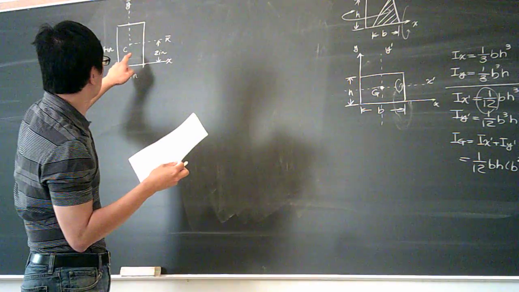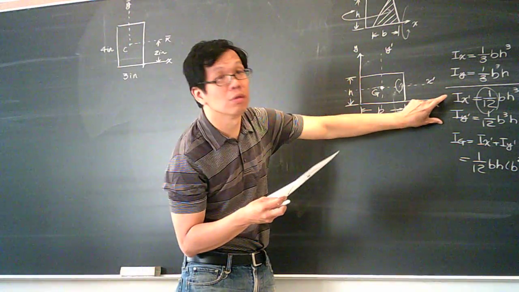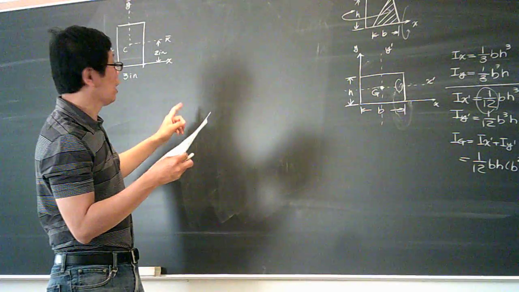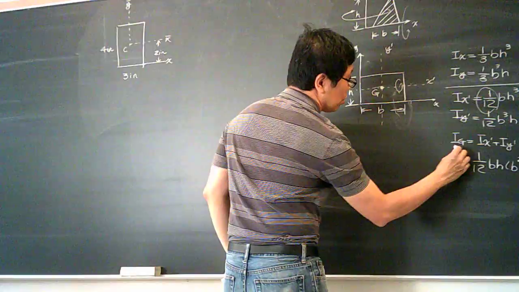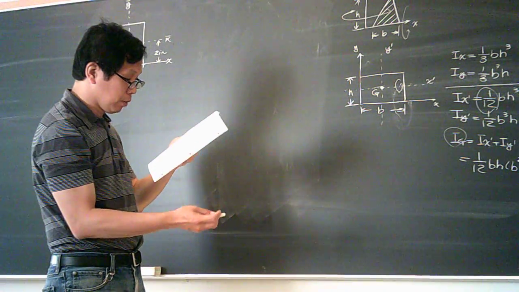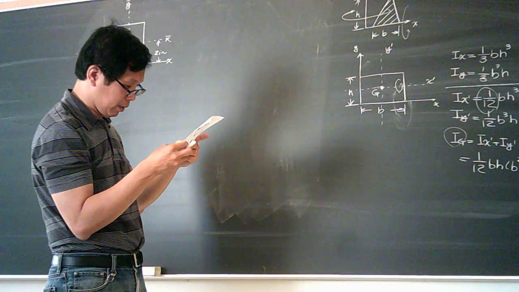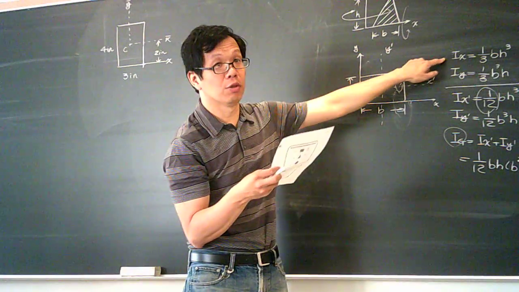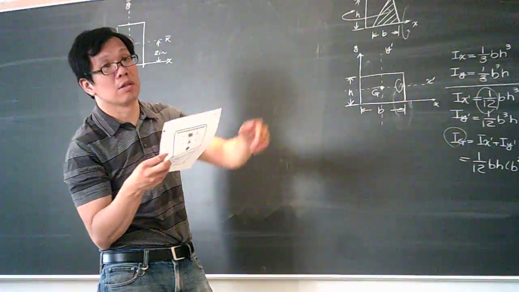So I need to calculate the moment of inertia using those two formulas first. Then I'll find the polar moment of inertia, which is this one, or I use J in the beginning. Then I would need to find the moment of inertia about the x-axis, which could use this one, but I'm going to calculate using the parallel axis theorem.